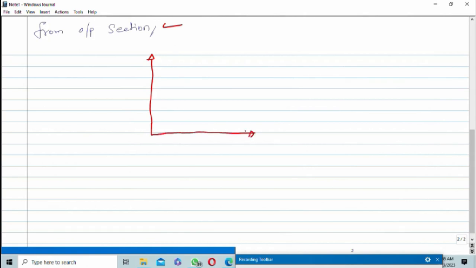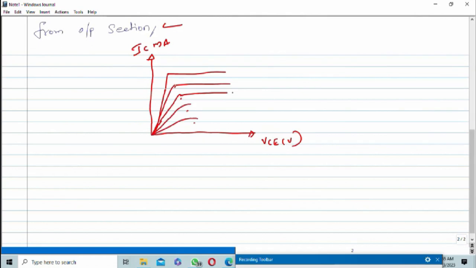Everyone knows the output is IC in milliamps and VCE in volts. These are IBQ curves. This area is called the saturation region. This area is called the cutoff region.